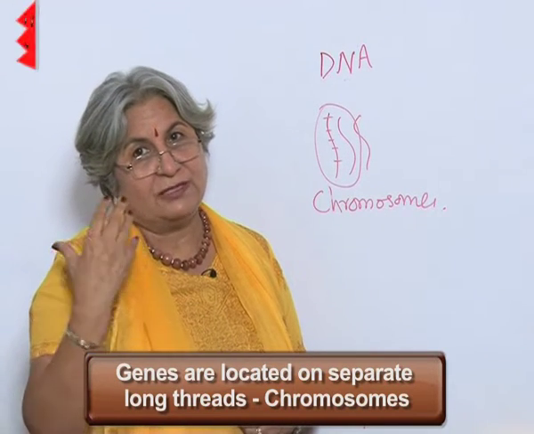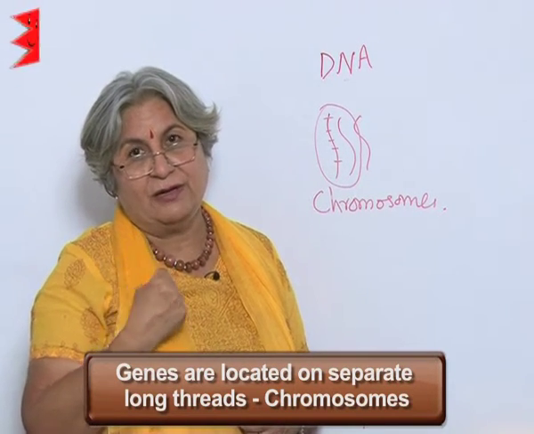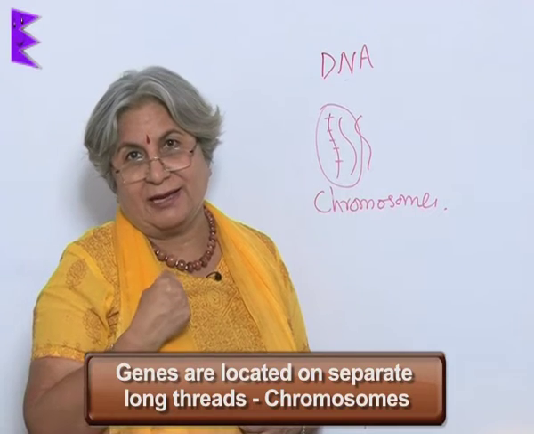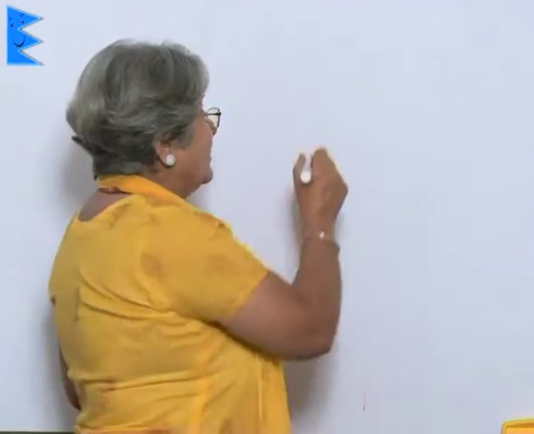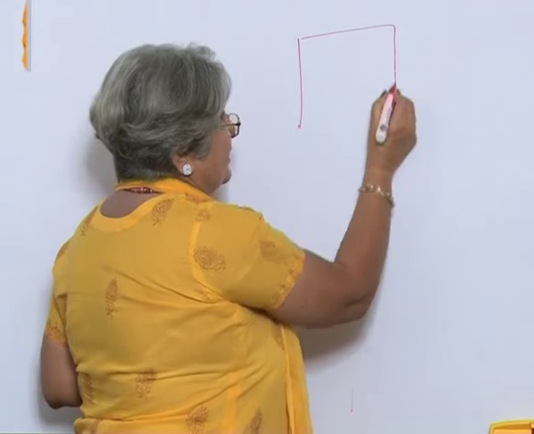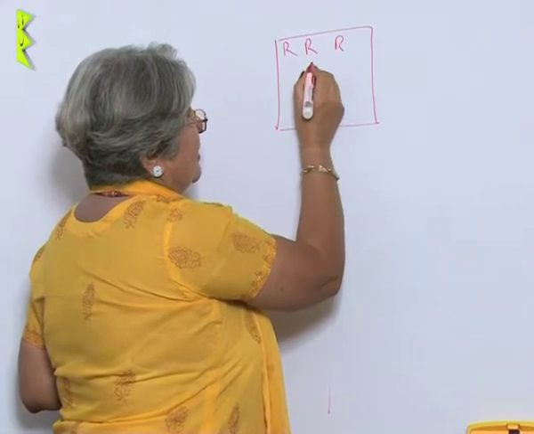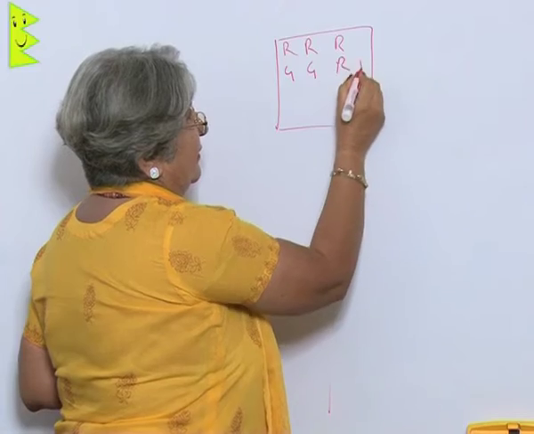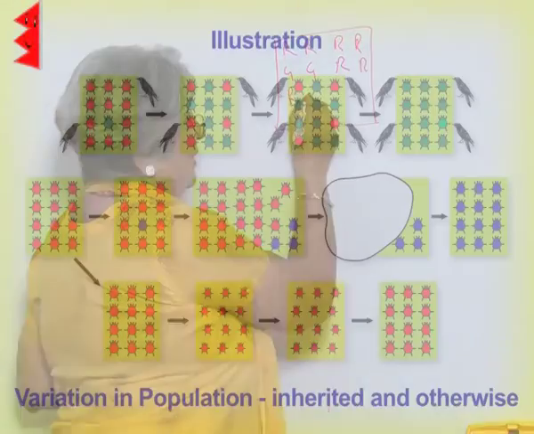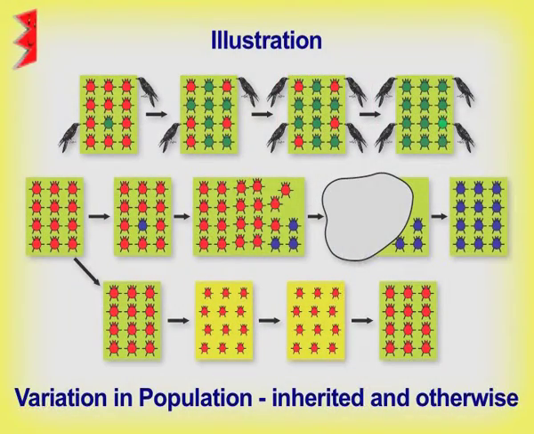I am sure this must have clarified some of your understanding about inheritance. In your NCERT book, they have given an illustration. They have taken a part of the forest which has two types of beetles in it, red and some are green. Now you know red beetles in the bushes can be seen very easily because of the bright, different color.